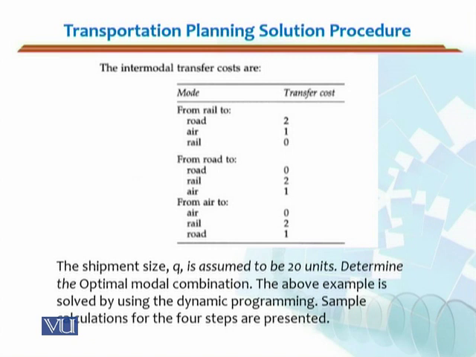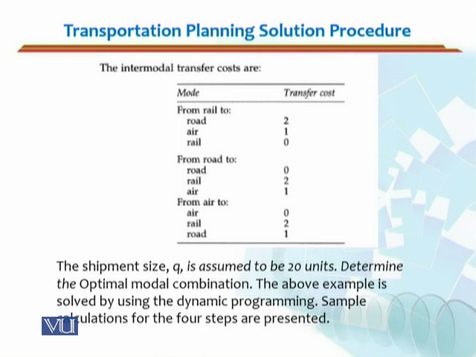But if the mode changes from rail to road, it will incur a cost of 2. From rail to air, it will incur a cost of 1. And similarly, switching from road to other modes will incur different costs, which are given in the table.